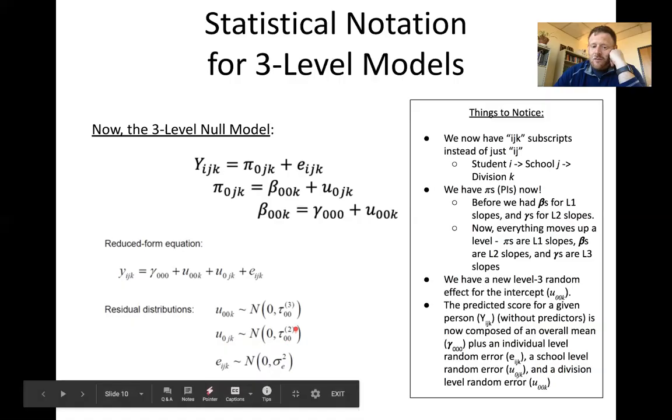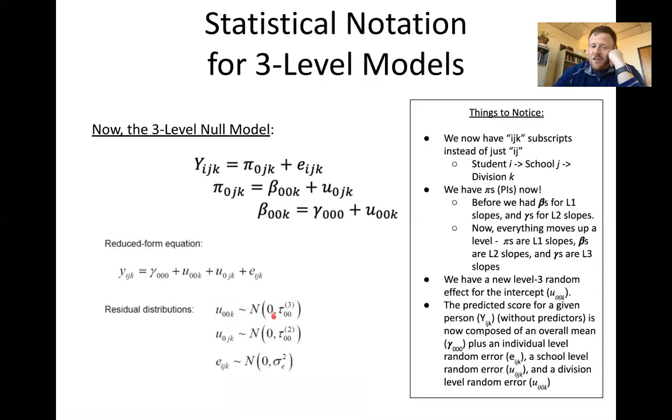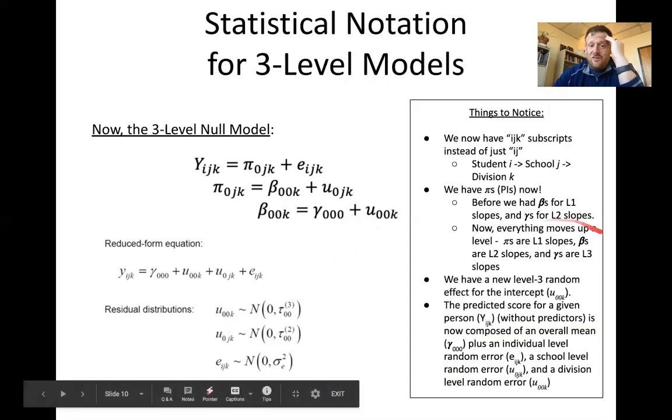And its known variance is tau 00 with a little 2 next to it. So the level 2 tau. And then we have a level 3 random variance, which is u00k, and its variability is represented by tau 00 with a 3. So we have three random things we need to pay attention to now instead of just two.